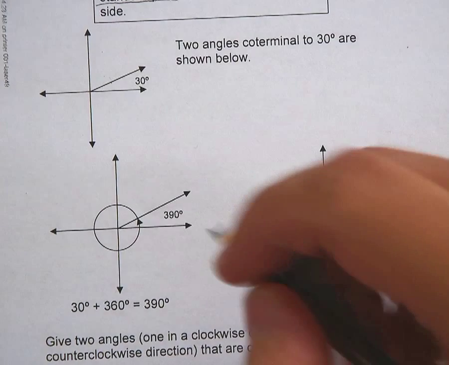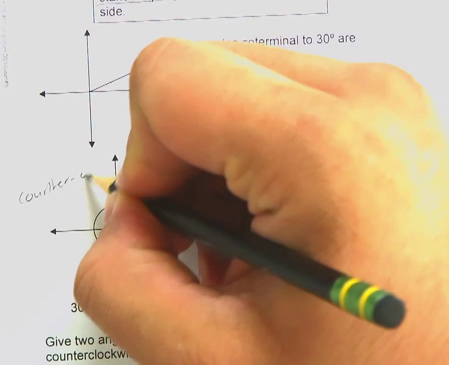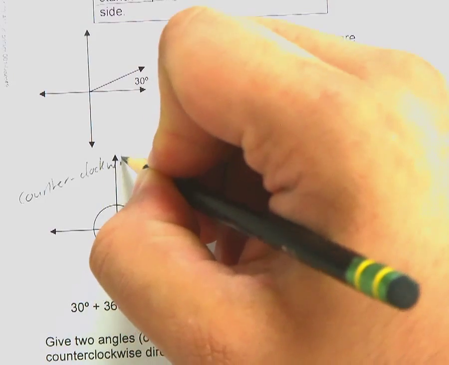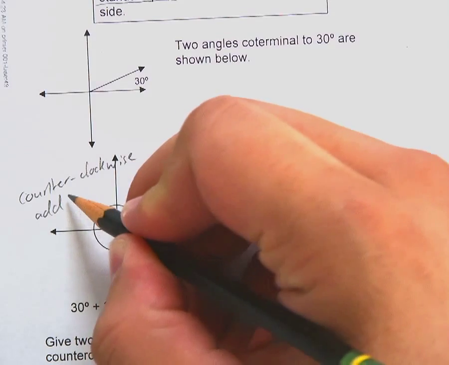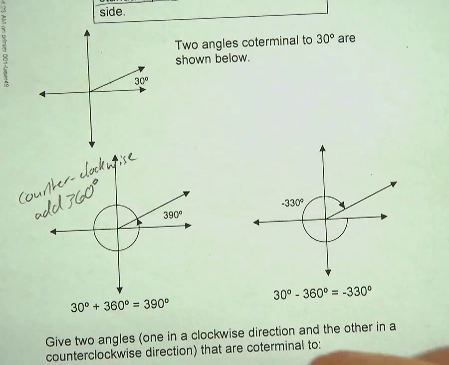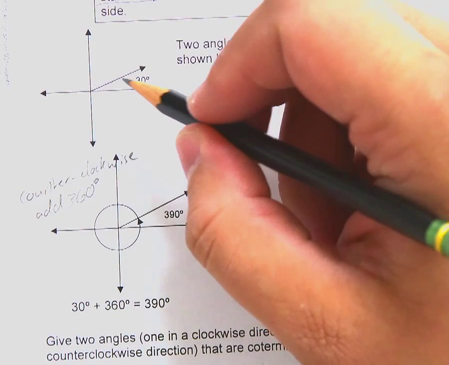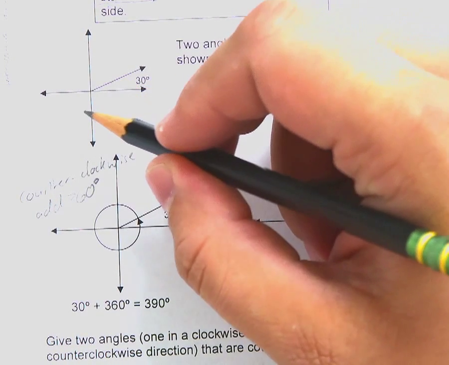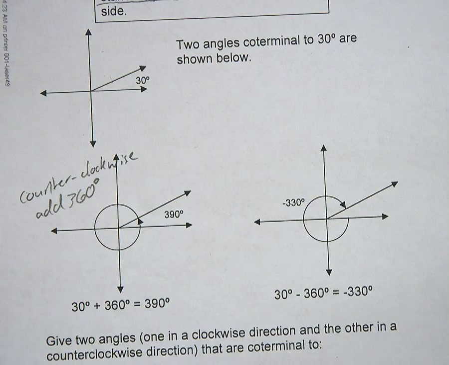So if you go counterclockwise, you're going to add 360 degrees. Then, of course, you could go the other direction, and you could go from here and subtract 360 degrees and end up on the same terminal side.